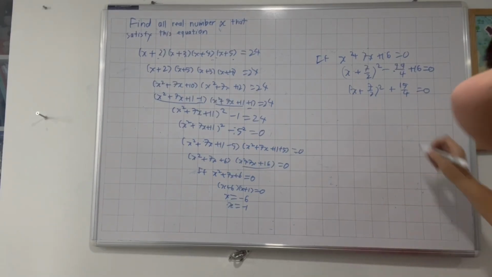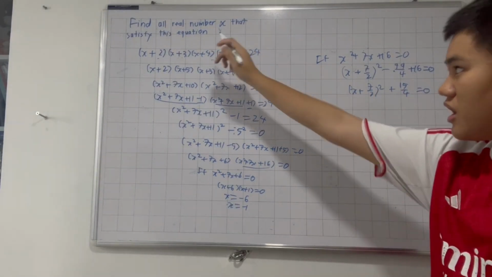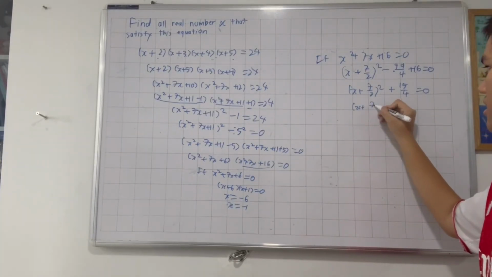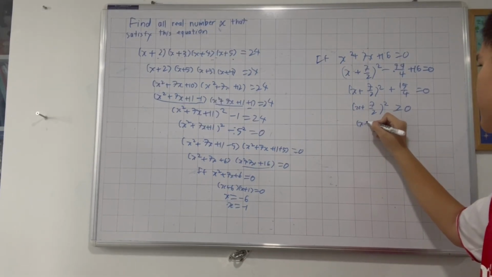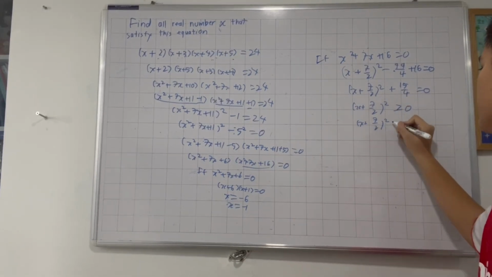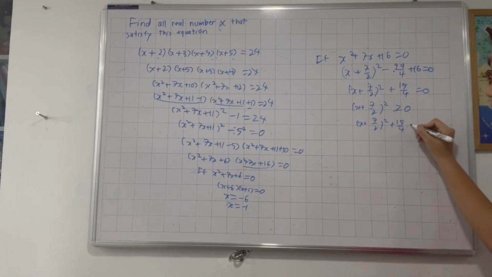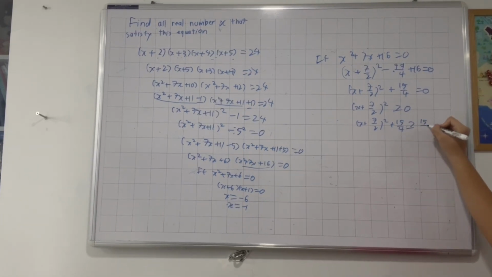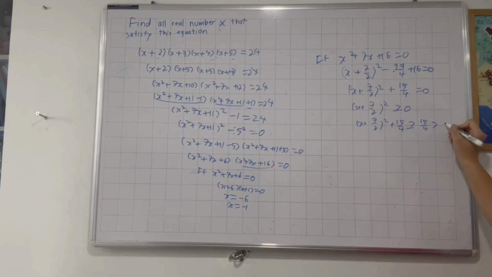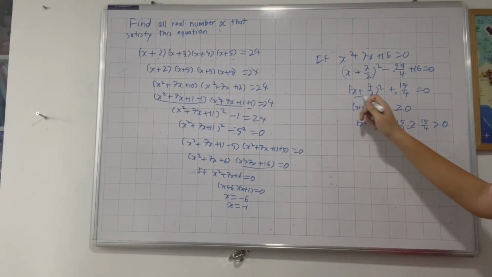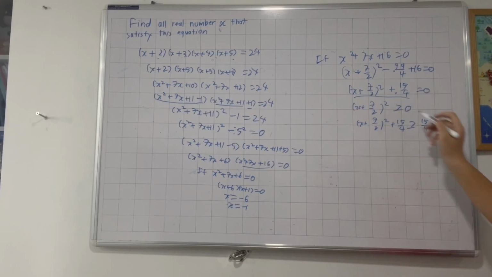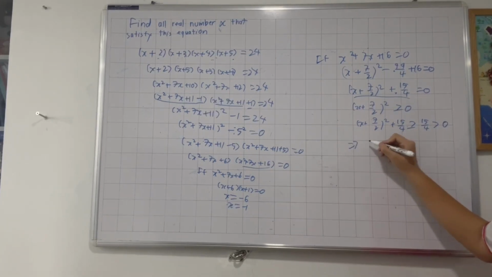And you notice, for real numbers x, this squared term is always greater than or equal to 0. And if you add 15 over 4 here, it's always greater than or equal to 15 over 4, which is always greater than 0, which means this equation, being greater than 0, cannot be equal to 0.